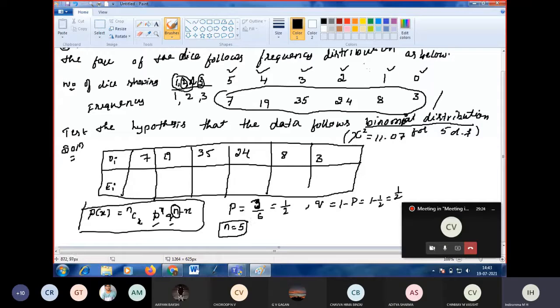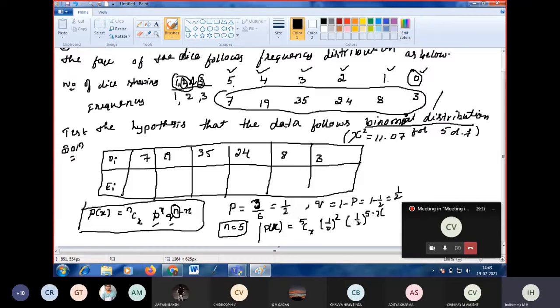So x is 0, 1, 2, 3, 4, 5. Next we go on finding P of 0. First you substitute for n, p and q. So P of x becomes 5Cx, p to the power x, p is 1 by 2 to the power of x, and q is 1 by 2 whole to the power of 5 minus x.